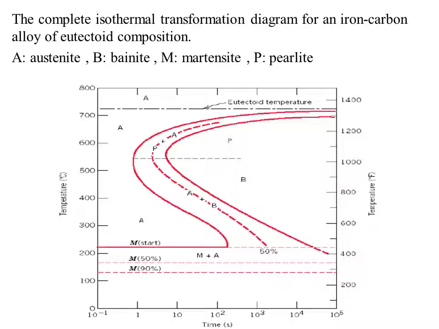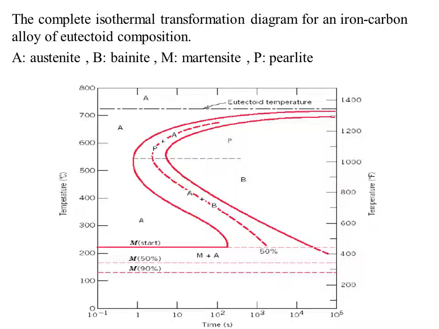So from austenite, with time they transform to pearlite. Here above 600 degrees, they remain in the austenite state. But when time goes on towards the right, you can see that they become pearlite. Similarly, at a temperature above 450 degrees, they remain in the austenite state, but when time goes on, they change to the bainite state. And ultimately, when you are decreasing the temperature, they come to the martensite state at about 220 degrees.